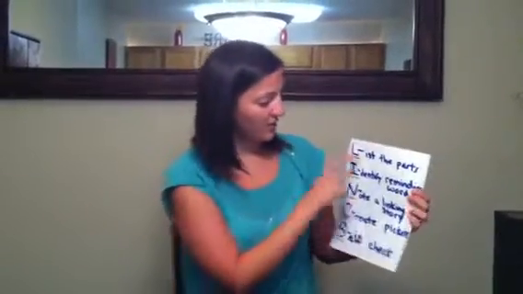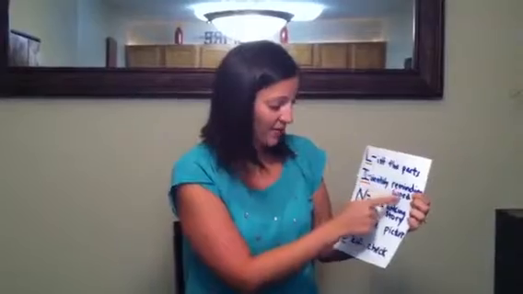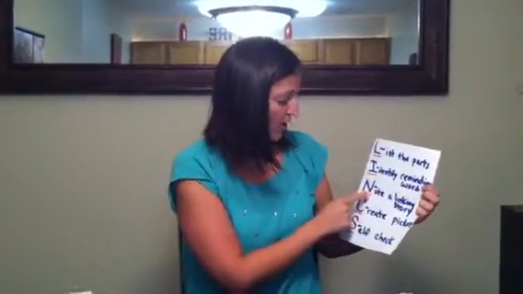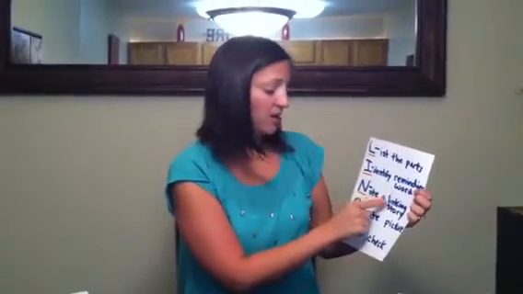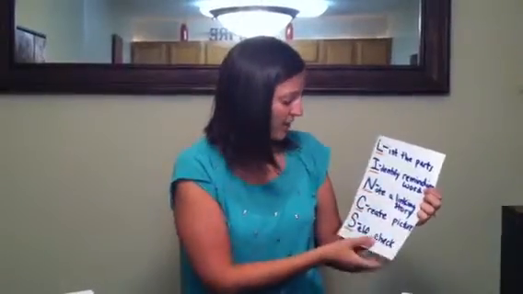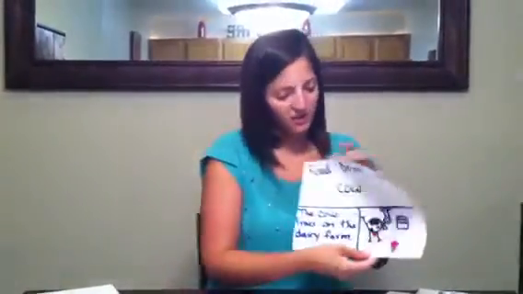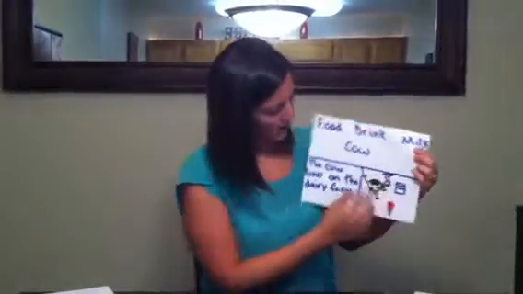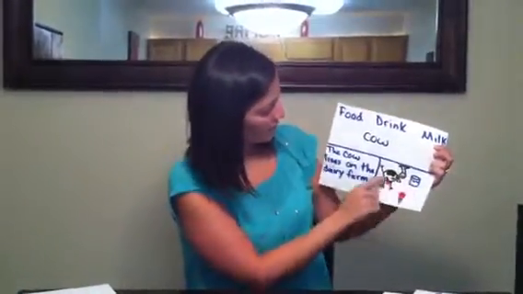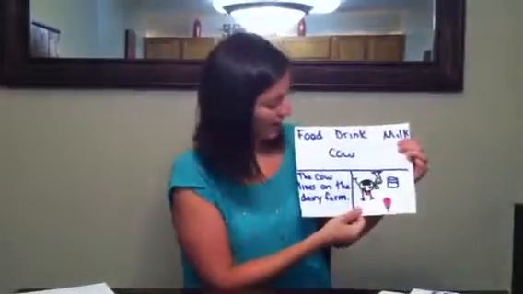So now that we've listed the parts, identified a reminding word, and written a linking story, we're going to go to C, create a picture. Dairy is a food or a drink that is made from milk. So I could draw a cow, a glass of milk, or ice cream. I drew each of those things in the bottom right-hand corner of the back of our paper.